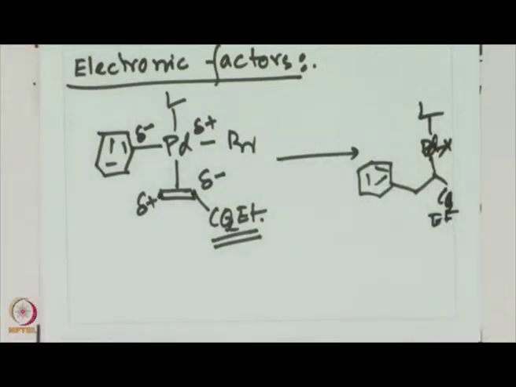Okay. So, that is both the electronic factor we have seen and the steric factor we have seen during the Heck reaction. Now, another factor that comes into the picture, what happens when the beta hydride elimination is happening, how the regiochemistry or the cis and trans product formation, not only the positioning where regiochemistry, but the stereochemistry is also important, where this substituent is interacting or where it is entering.